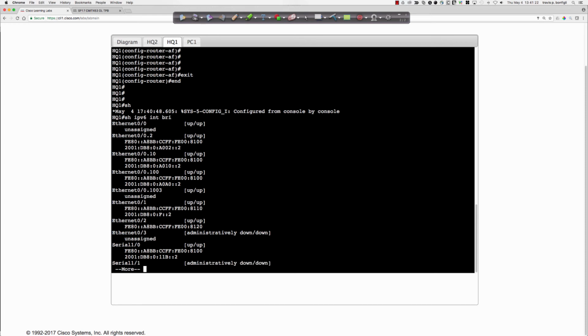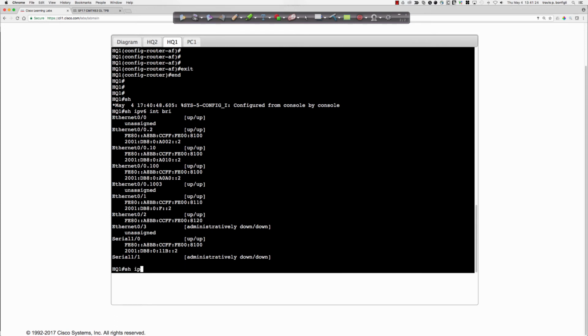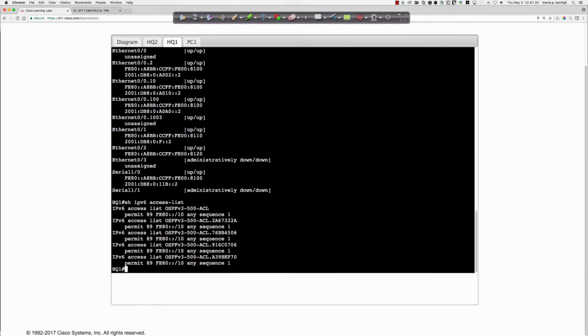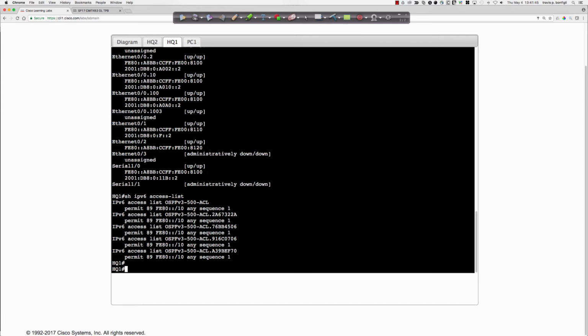So is there a show IPv6 access-list? Is there an access list on one of these sub interfaces? And lo and behold, man, they got all kinds of stuff going on here. IPv6 ACL v100. Those are all OSPFv3 related.